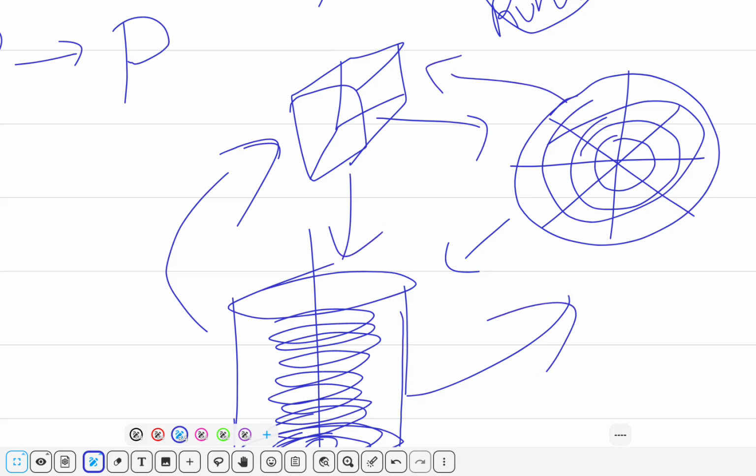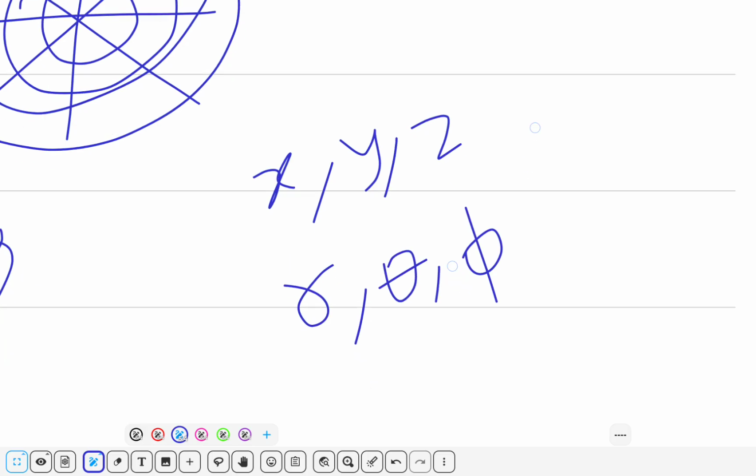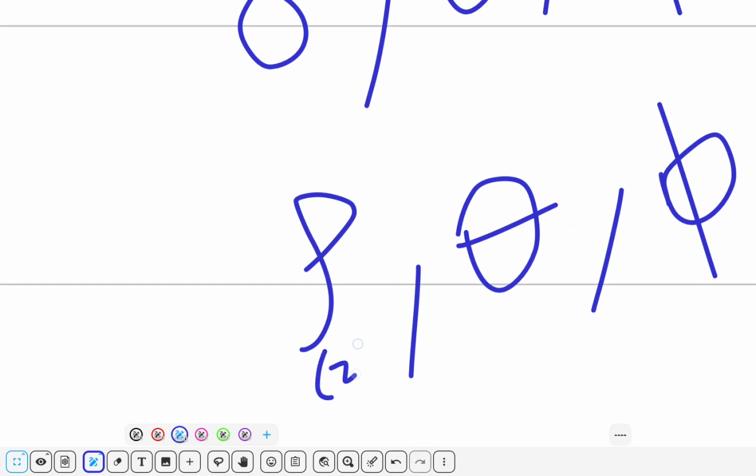That's why we use canonical transformation to change this labeling. We may label a point by x, y, z. We may label a point by r, theta, phi. We may label using something like this. Sometimes we use this instead of this.